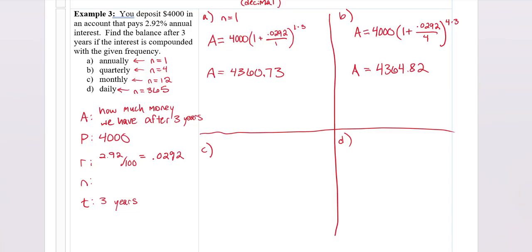C is going to look like this. So B was n equals 4. C is going to be n equals 12.